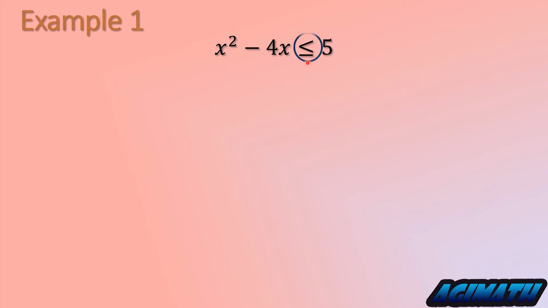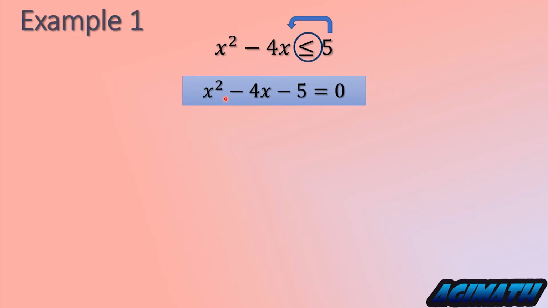From the inequality less than or equal to, we are going to make it an equation, and then the 5 on the right side, we are going to transpose to the other side to have a standard form. So the outcome will be x squared minus 4x minus 5 is equal to 0. From positive 5 to negative 5, because it is being transposed.